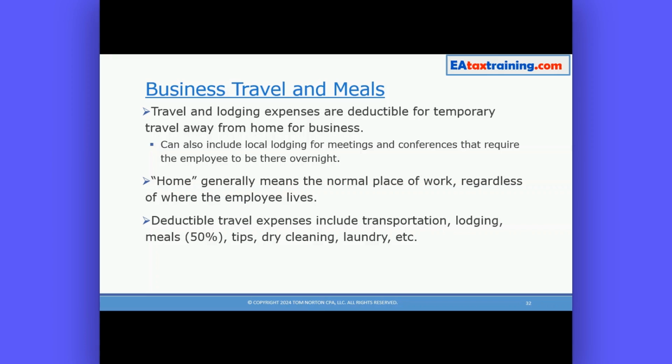So deductible travel expenses include transportation, getting to where you're going, lodging once you get there, meals, subject to that 50% limit, tips, dry cleaning, laundry, etc. All of those types of expenses are deductible.